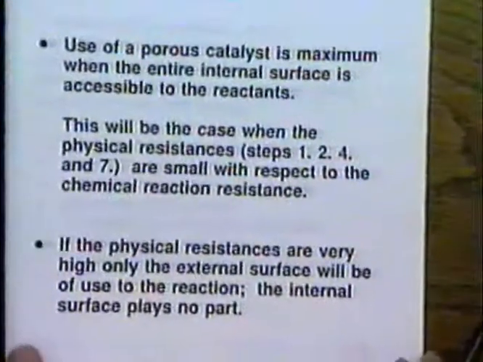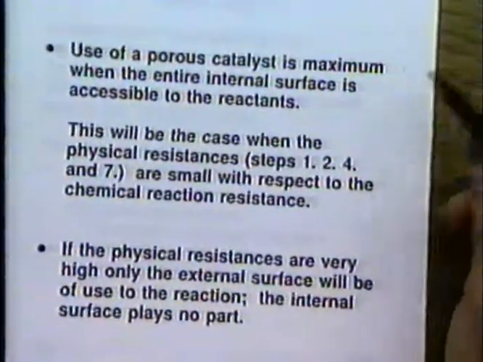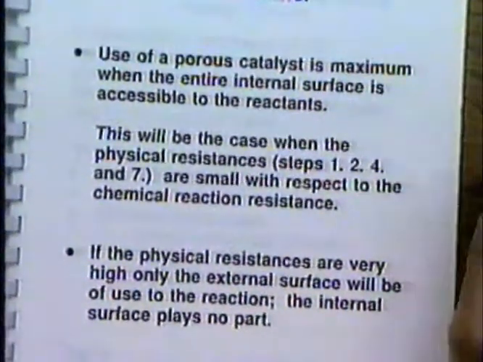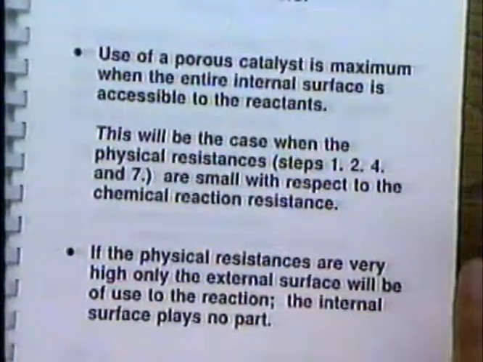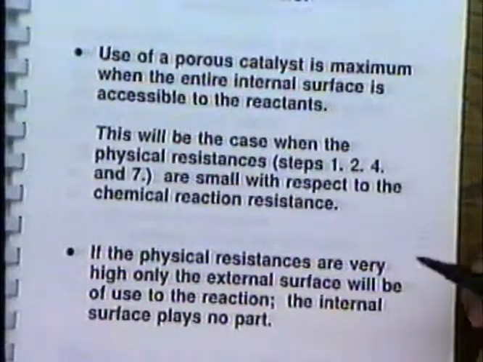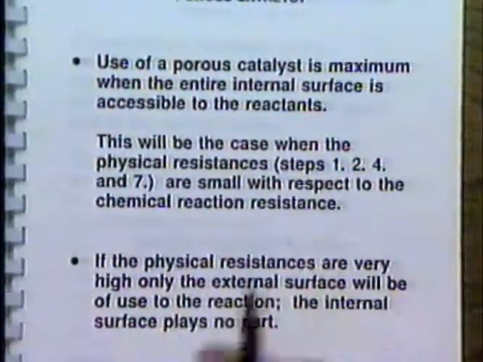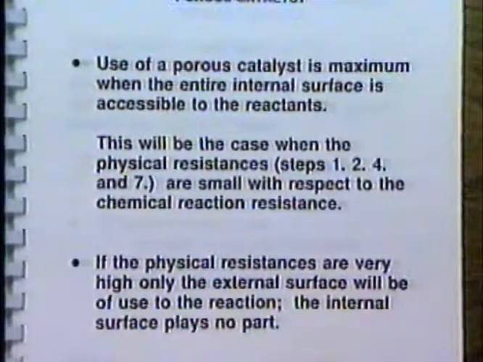Now, the use of the porous catalyst is maximum when the entire internal surface is accessible to reactants. Therefore, we would like to have as low physical resistance as possible in order to use all the internal surface of the catalyst for the chemical reaction.